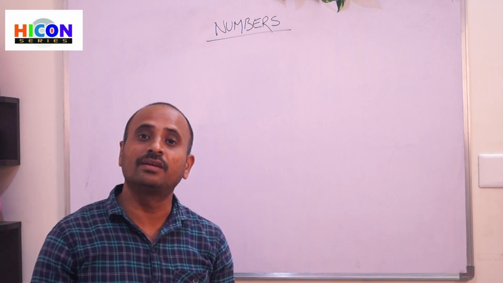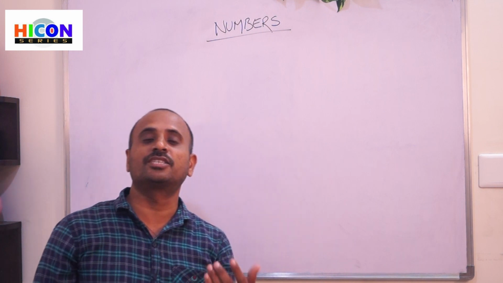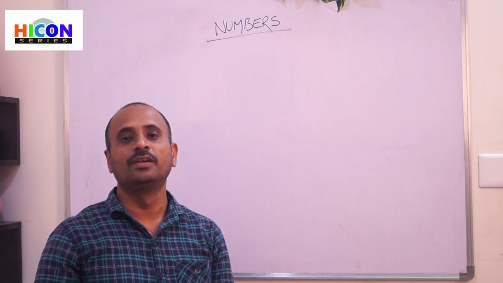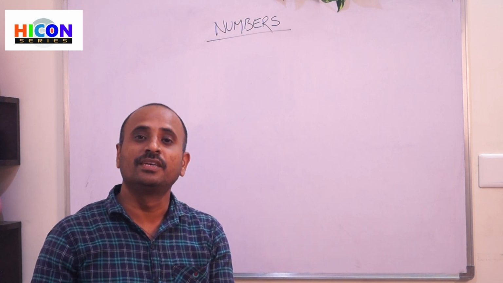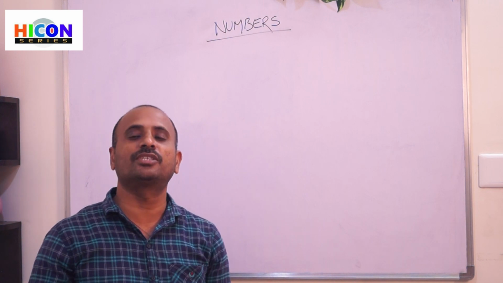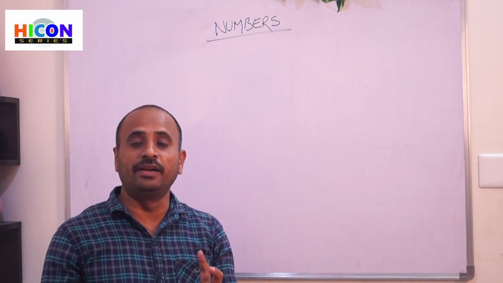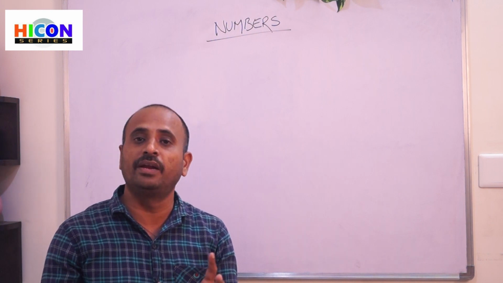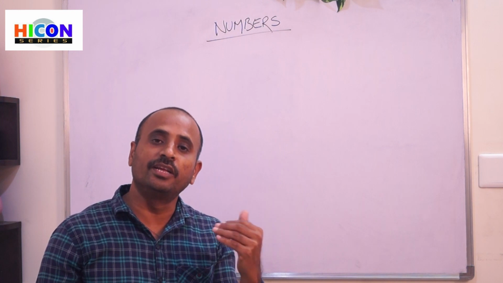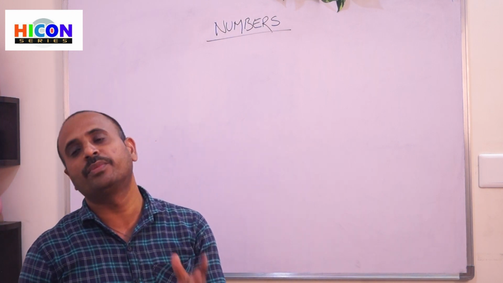We also learned two types of systems of enumeration, that is the Indian system and the international system, and how to write numbers in both. And we learned about the expanded form, how to write the expanded form for the given numbers in both the Indian system of enumeration and the international system of enumeration.